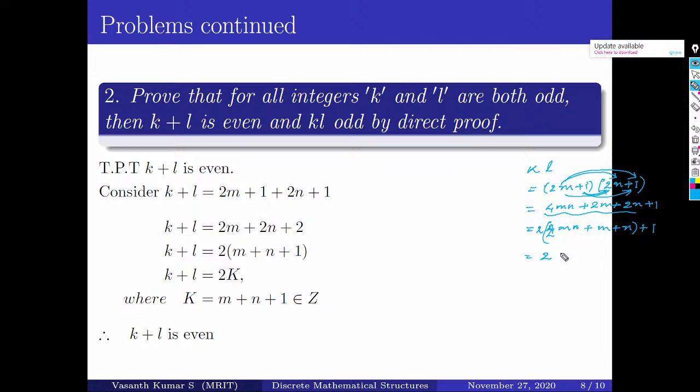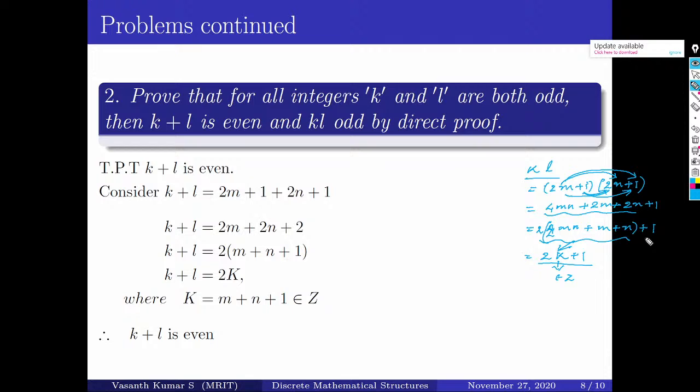So if I name that as 2k plus 1, I have named this term as k, where this k belongs to integers. So it is 2k plus 1. So I have considered kl, I have got 2k plus 1, which means it is an odd integer. 2k plus 1 is an odd integer.